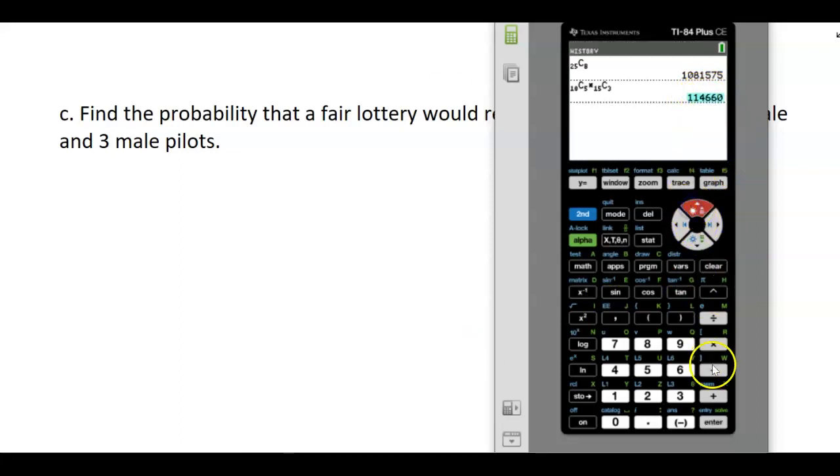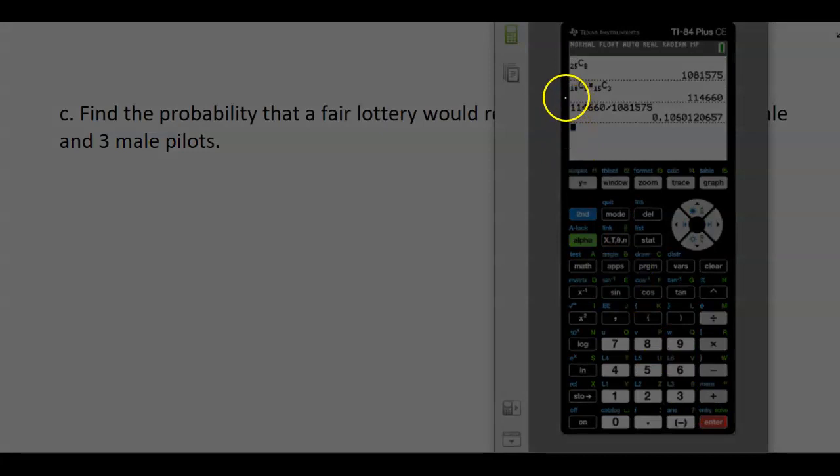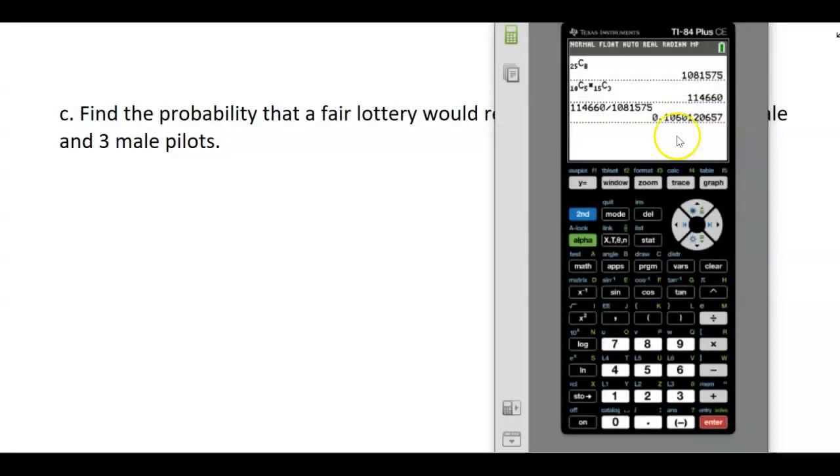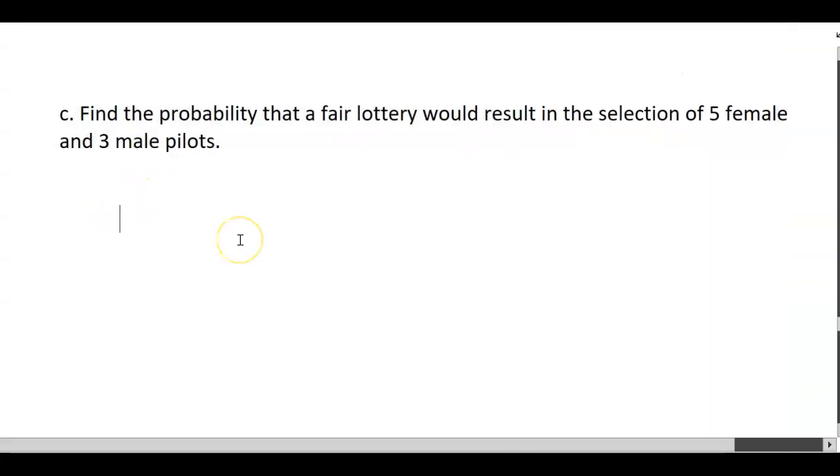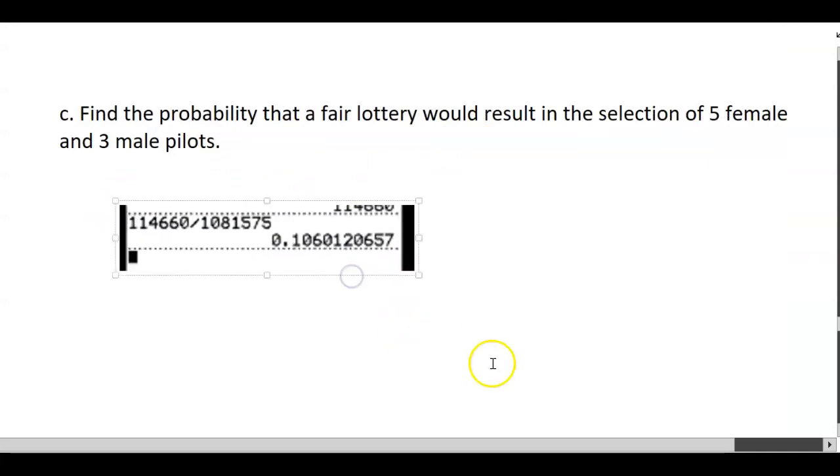So I'm going to grab that number and I'm going to divide it by all the ways we could get 8 captains. And that is our final result right there. So we have about a 10.6% probability that we could get 5 female and 3 male.